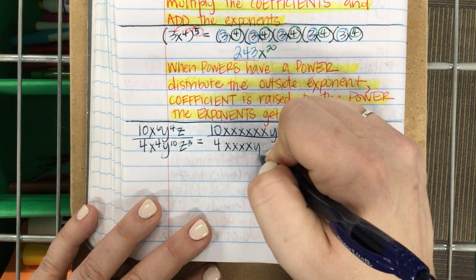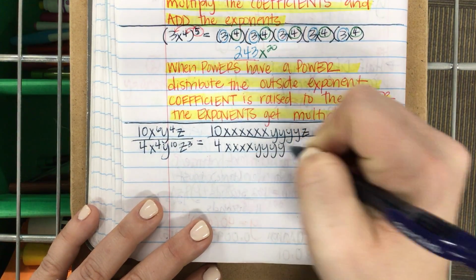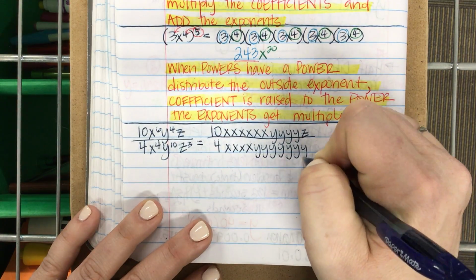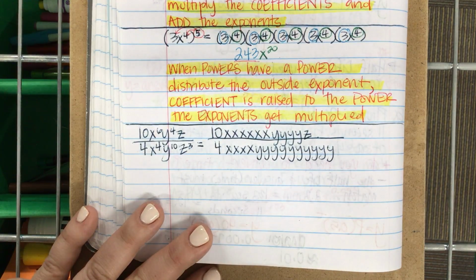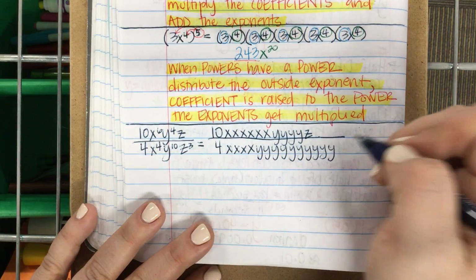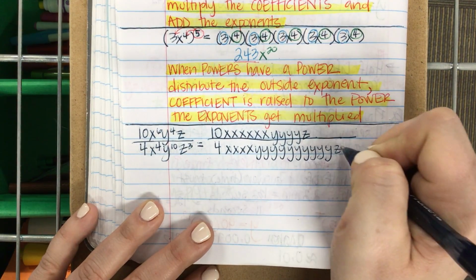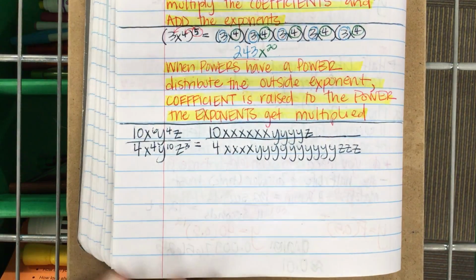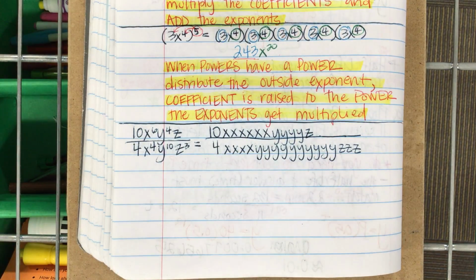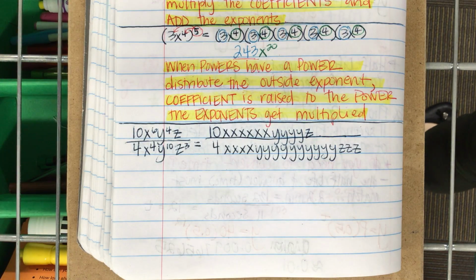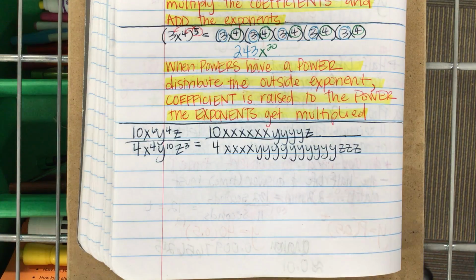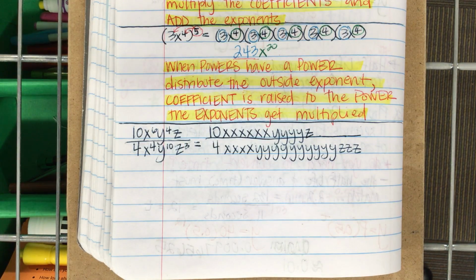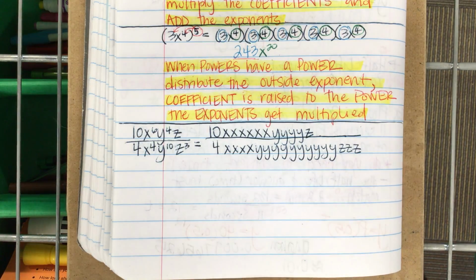Then I have 1, 2, 3, 4, 5, 6, 7, 8, 9, 10 y's. And then I have 1, 2, 3 z's. I get it. Expanding your problem is terrible. But if you can't remember or the shortcut isn't working for you, does this work? Yes.